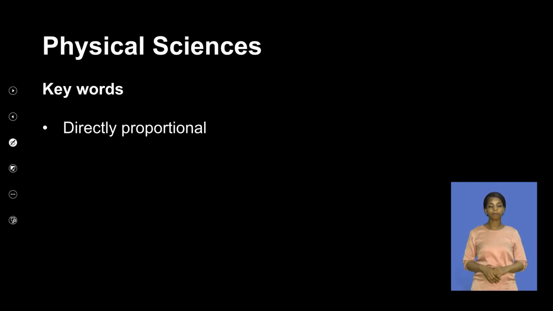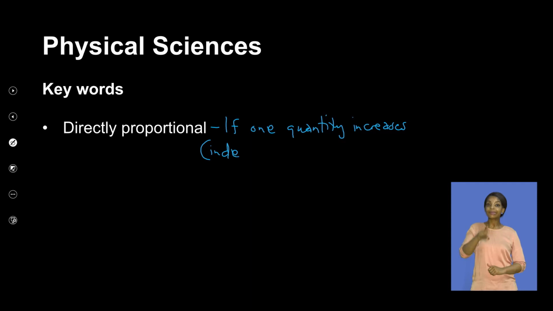And then we talk of the other word that says directly proportional. This is a mathematical relationship, okay? If two quantities are directly proportional, what does it mean? If one quantity increases, for argument's sake, and this quantity is the independent, the one that is manipulated, okay?